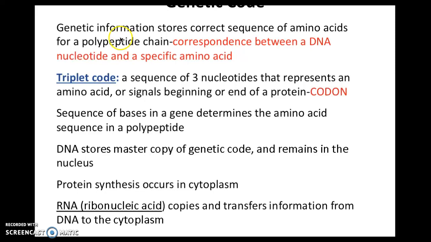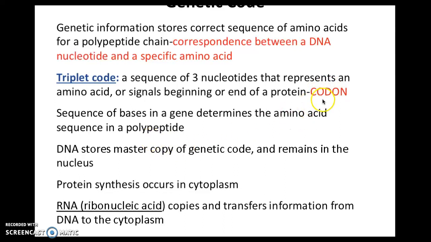Now, the genetic code. The genetic information stores the correct sequence of amino acids for a polypeptide chain. So it's a correspondence between the DNA nucleotide and the amino acid that it is going to code for. Each three bases in DNA is going to code for three bases in the RNA, and each of those three is called a codon.